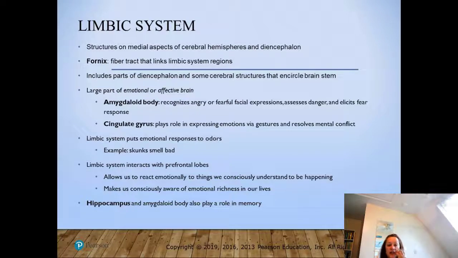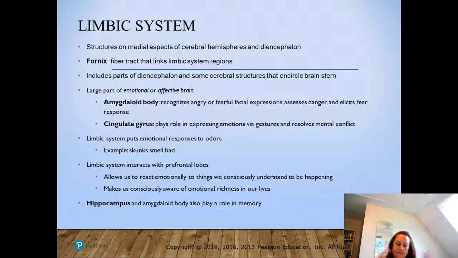We also have the cingulate gyrus, which is about expressing emotions and gestures and talking about mental conflict. It's about emotional responses to odor, and it interacts with the prefrontal lobes, allows us to react emotionally to things we consciously understand. So it's conscious awareness of emotionalness or emotional richness in our lives.